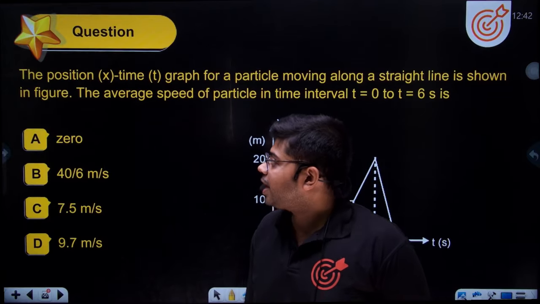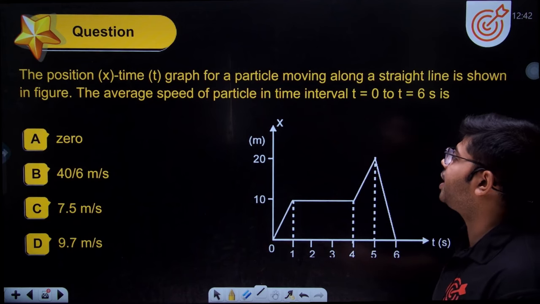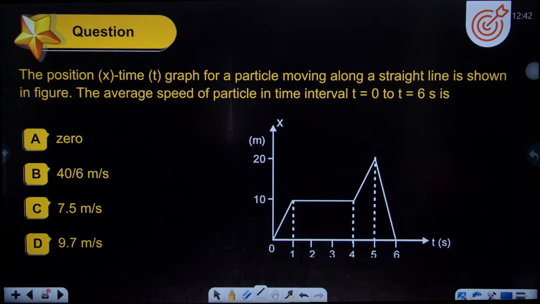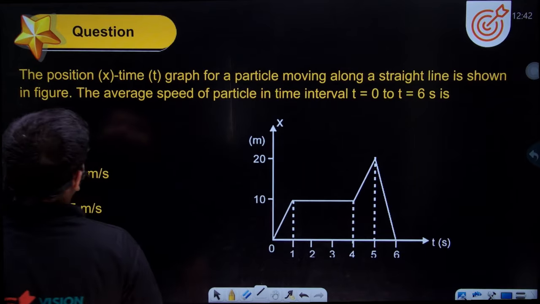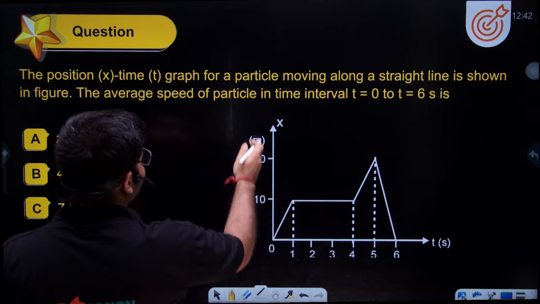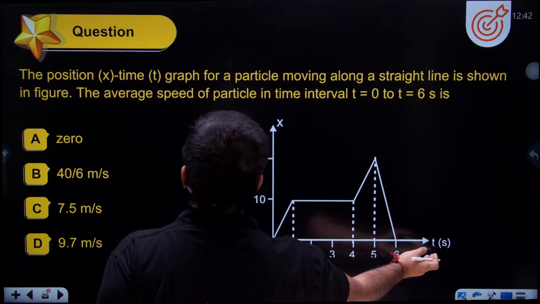Okay, now I would like to request you to read this problem once and then we are going to solve it. Now let us see the position x. So this is basically showing you along this axis the position, and this is the time axis.